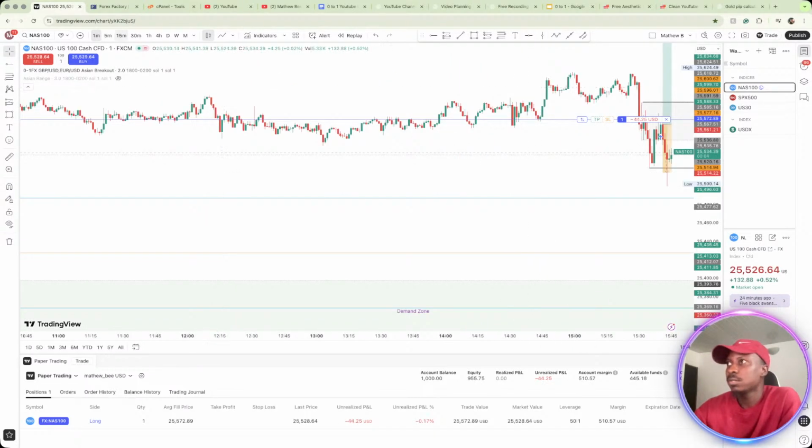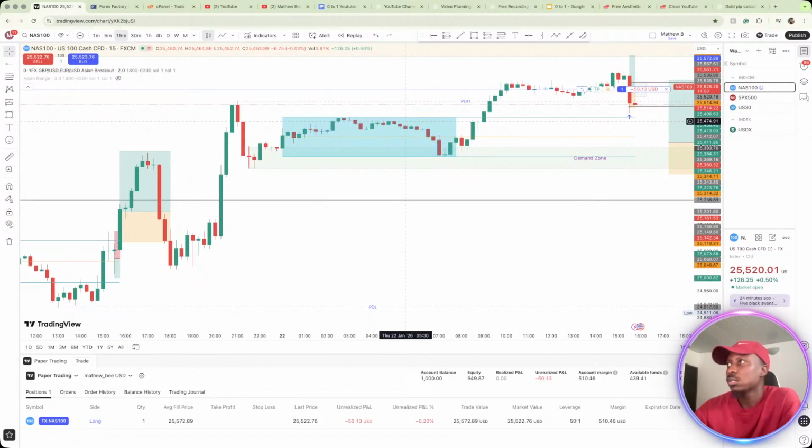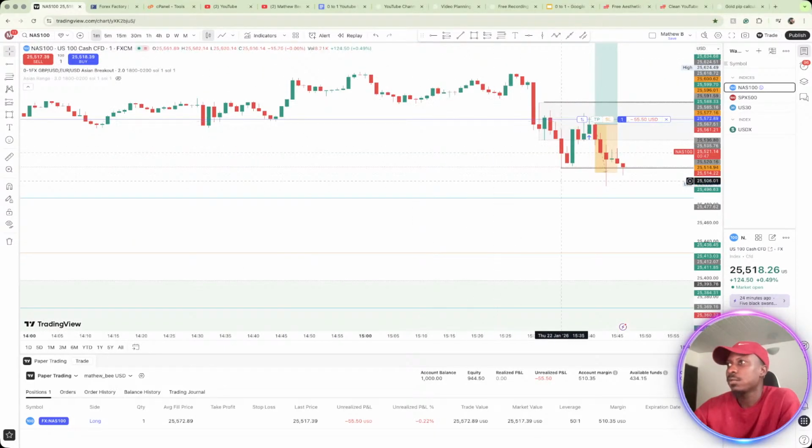But if you see what happened, the first 15-minute candle just closed, let's call it bearish. So I think I'm going to go in for a potential sell very soon.